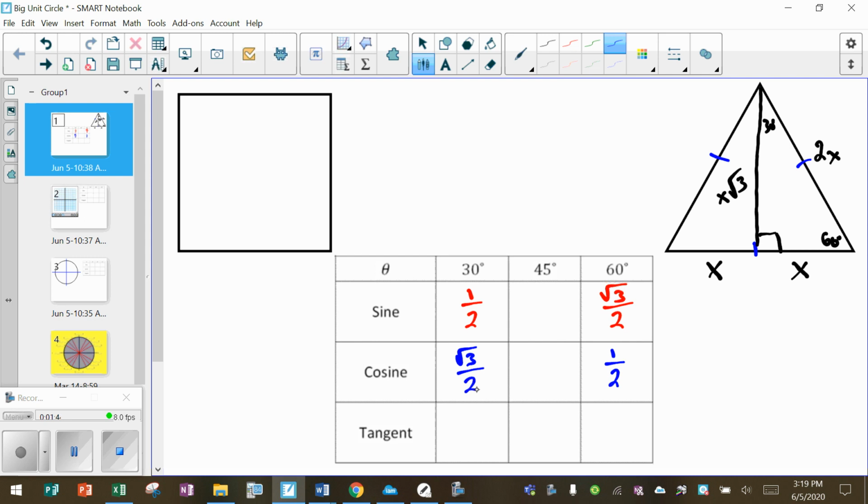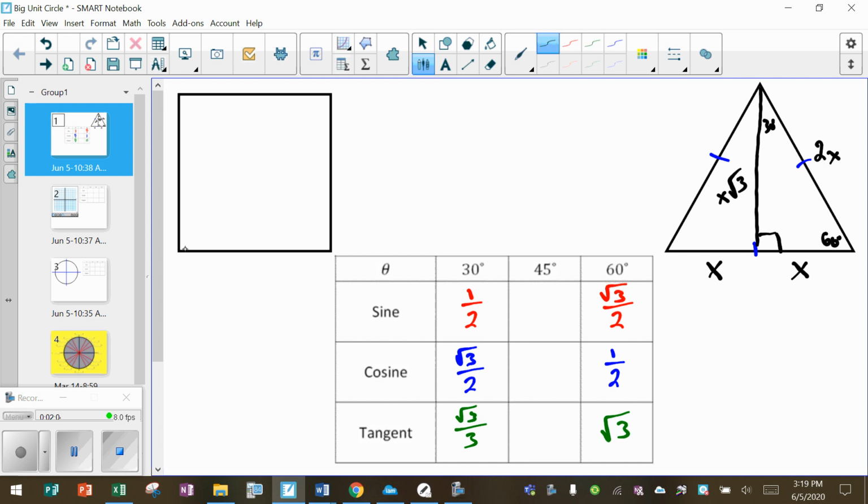And then when we did opposite over adjacent for the 30-degree angle, it was radical 3 over 3 after we rationalized the denominator. And when we did it for the 60-degree angle, it was radical 3.